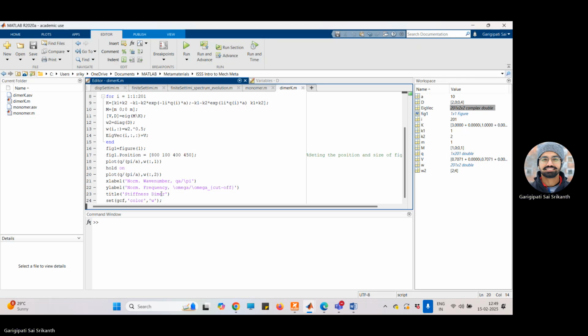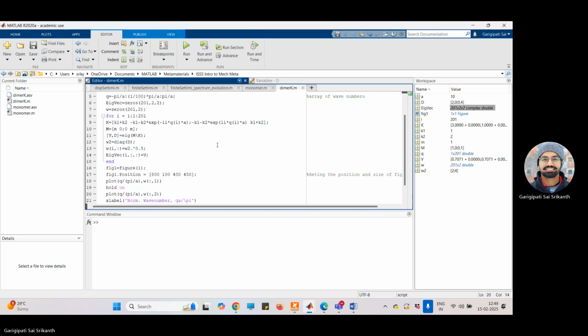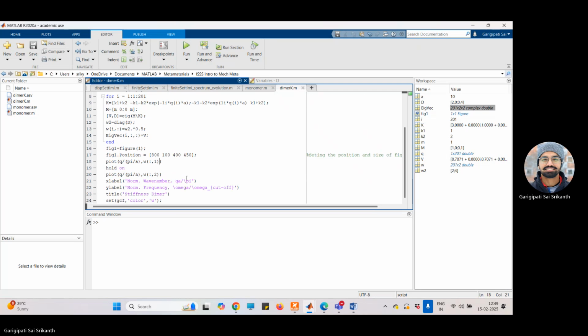It was the square root of 2 k1 plus 2 k2, divided inside the square root by the mass.